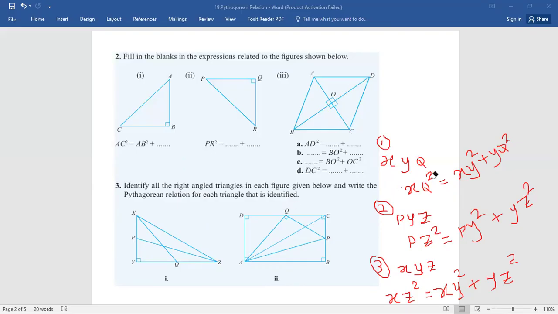This is the way. First, draw this picture and write down this 1, 2, and 3.